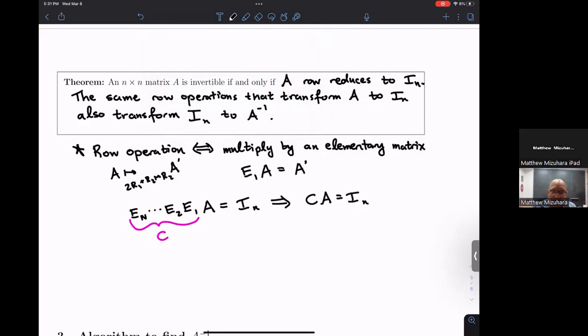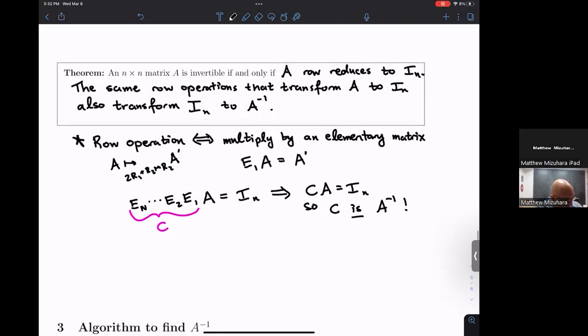But we've seen this equation before. This is exactly the thing that says we have an inverse for A. C is the inverse matrix for A, right? So C is A inverse. This is the equation we use to check for inverses.